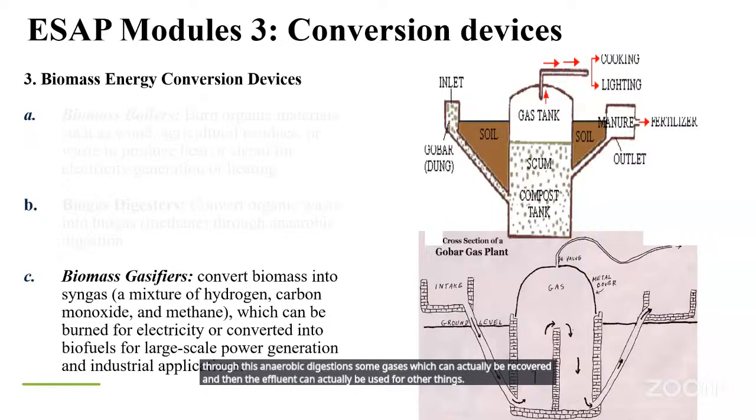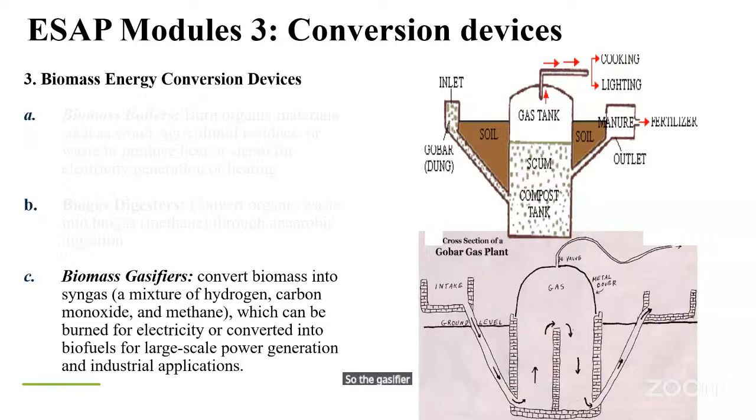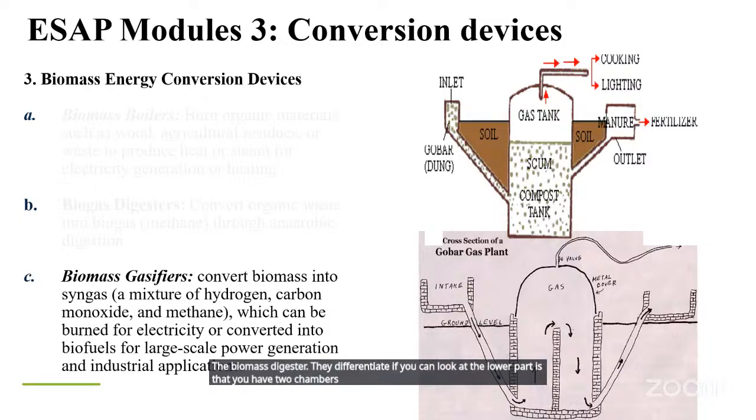So the gasifier uses almost the same principle as the biomass digester. The difference here, if you look at the lower part, is that you have two chambers which allow you to collect your gas in a different way.